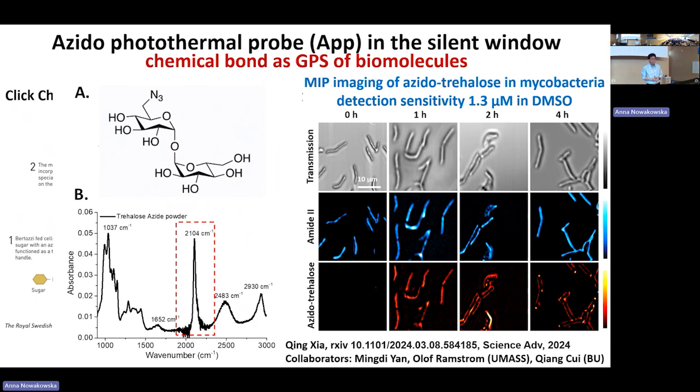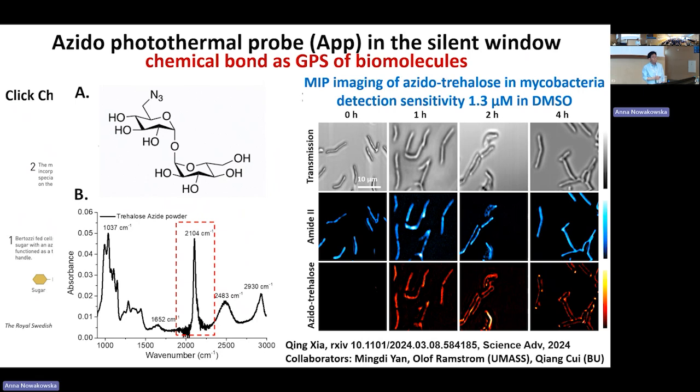And with this sensitivity, and by removing the residual water background, you can see this molecule trafficking. In 1 hour, they go into cells. In 2 hours, they go to the cell membrane. And then in 4 hours, they go to the pole during cell division. And this kind of information provides a dynamic view of this carbohydrate metabolism, which is beyond reach of the fluorescence microscopy approach.